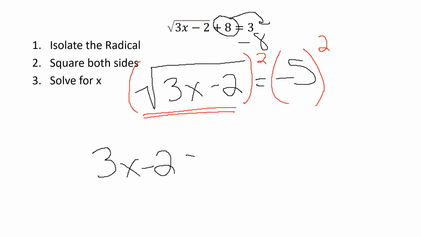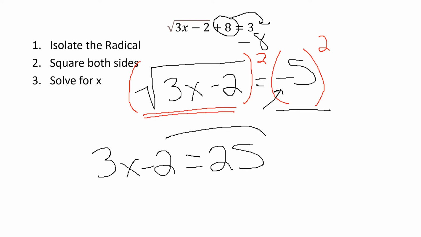Equals negative 5 squared. The reason you need to put parentheses around this is because the negative has to be squared. So it's negative 5 times negative 5, which is positive 25. Now I'm going to move this minus 2 over.